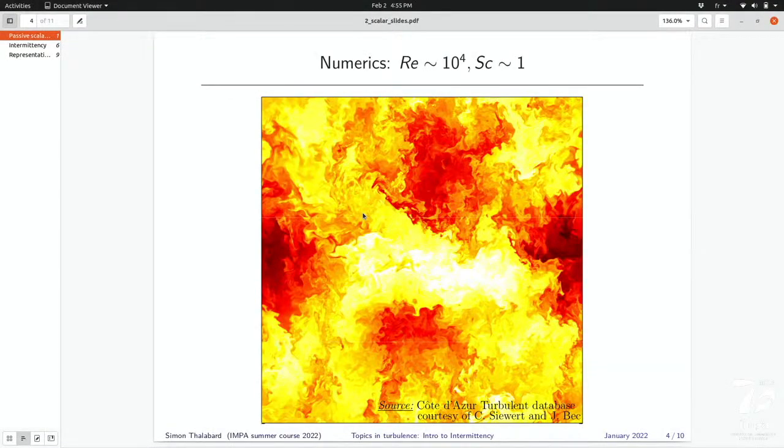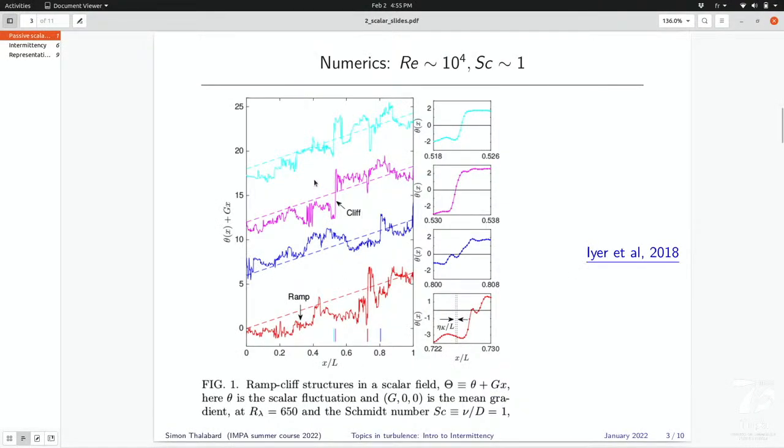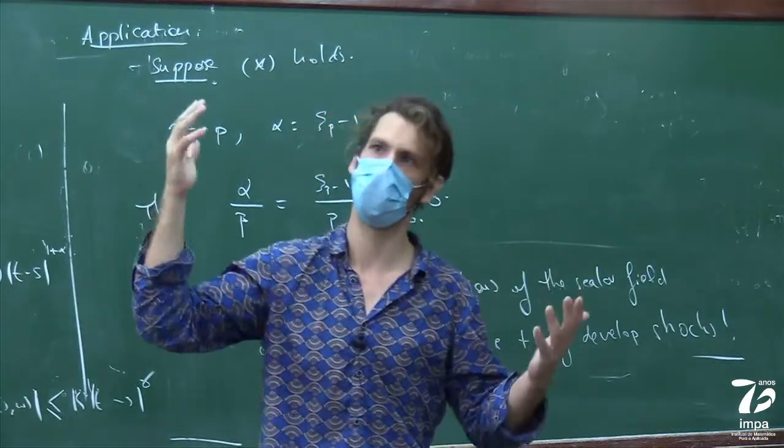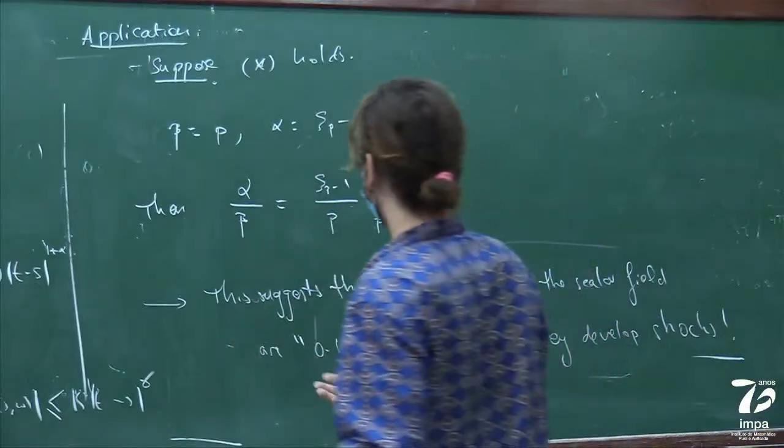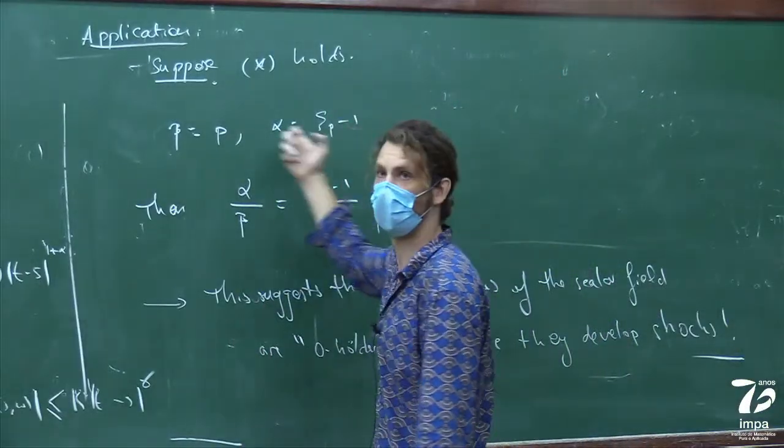In the literature, this is known as a cliff structure that you can see on those cuts. The statistical signature of those events could be that the zeta_p do not grow linearly at large p, or grow slower than linearly, so this thing holds true.